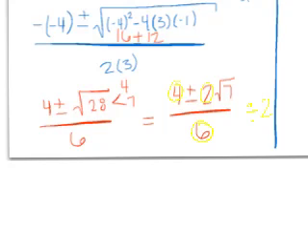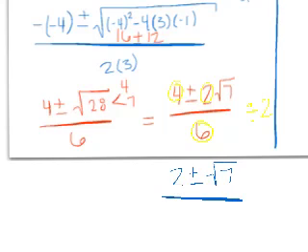So 4 divided by 2 is 2, plus or minus 2 divided by 2 is 1, which I'm not going to write, so root 7, and 6 divided by 2 is 3. That's a final answer, so x equals. I want you to have the x equals.